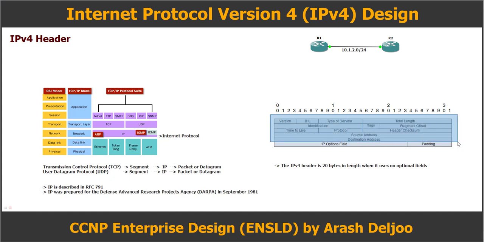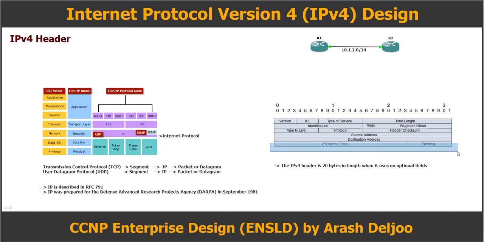Look here. Here we have 20 bytes length, and it means that we can say the IP header in most cases has 20 bytes in length, but in some rare cases that we have the IP option field and also padding, maybe the header of IP is increasing in size.